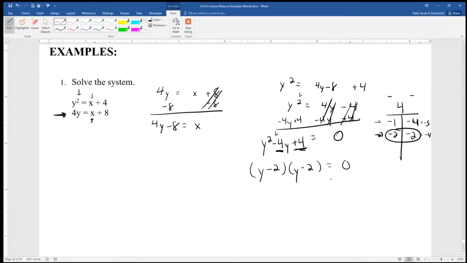Now we need to set each factor equal to 0, but they're the same factor, so I only have to do it once. I add 2 to both sides, and I get that y equals 2. So I know this system has a solution, and that solution occurs at y equals 2. Now I plug 2 into this equation.